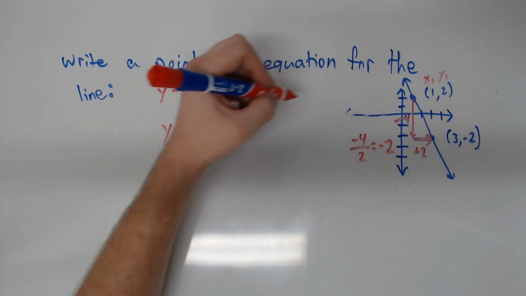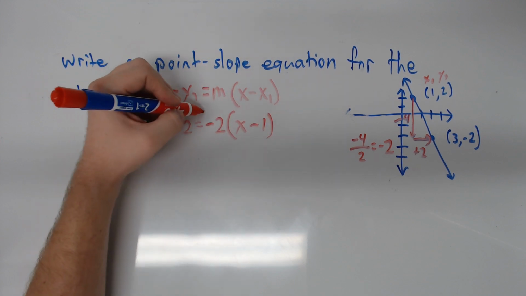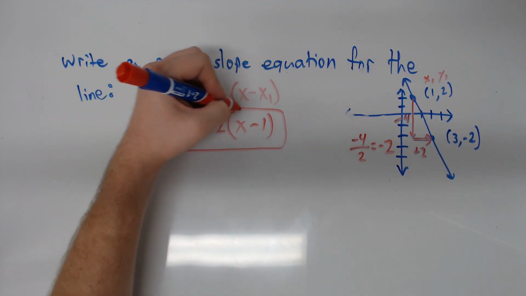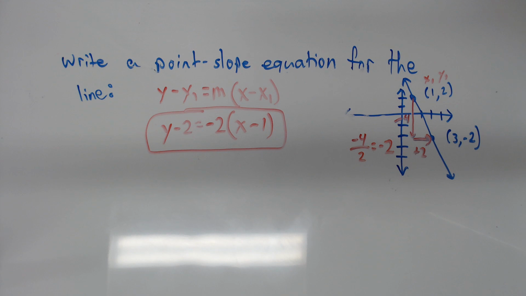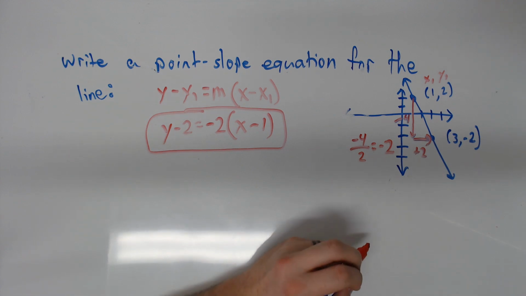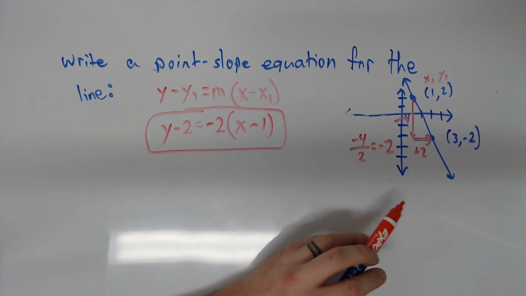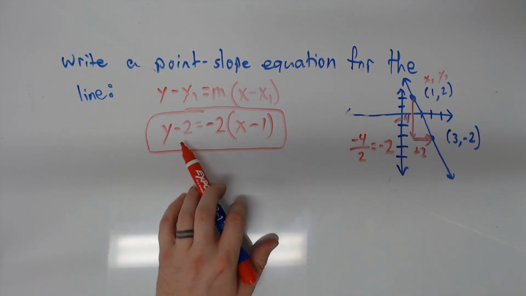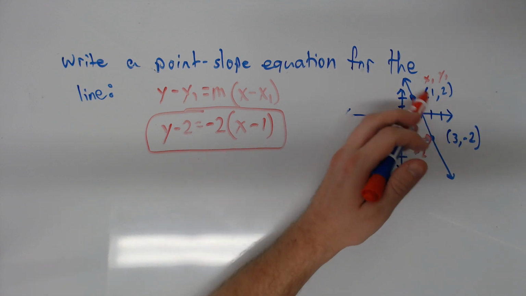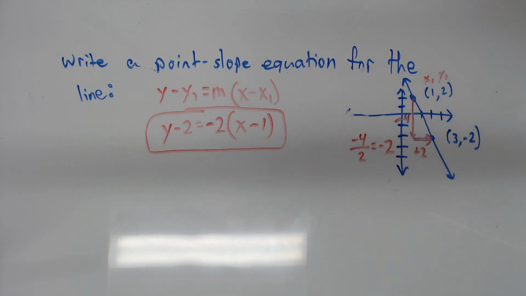X minus x1, that's x minus 1 for me. All right, you get to choose whichever point you want. I chose 1, 2 because it looked easier. Okay, we just had to find our slope, and then the points, we should always be given at least 1 point. Otherwise, we're going to have a hard time even doing these problems. So always expect your point to be given to you. We just need to find the slope sometimes.